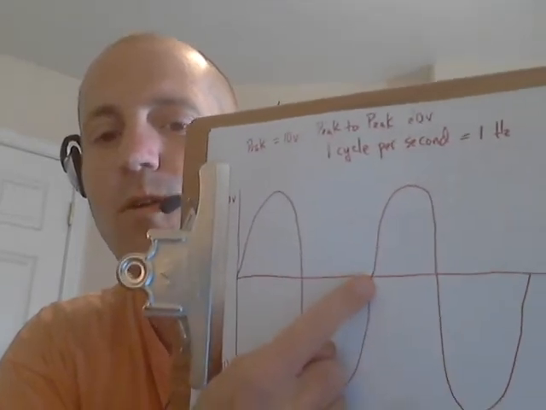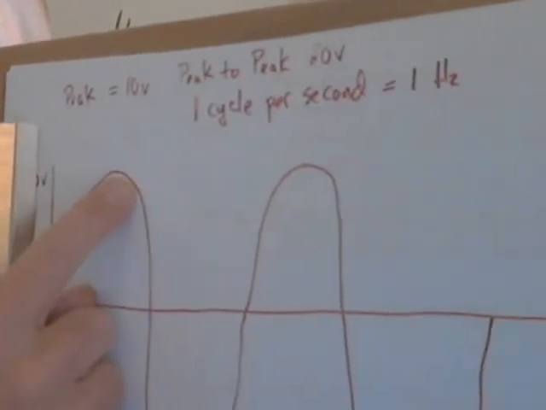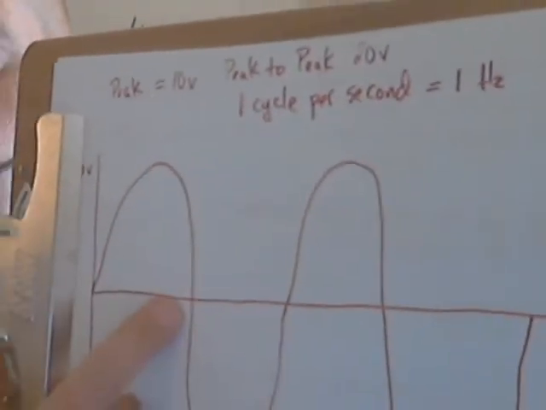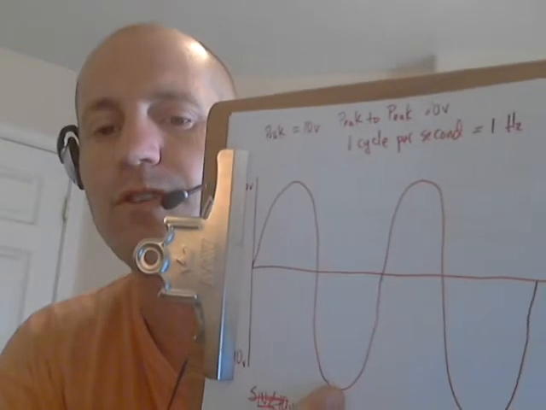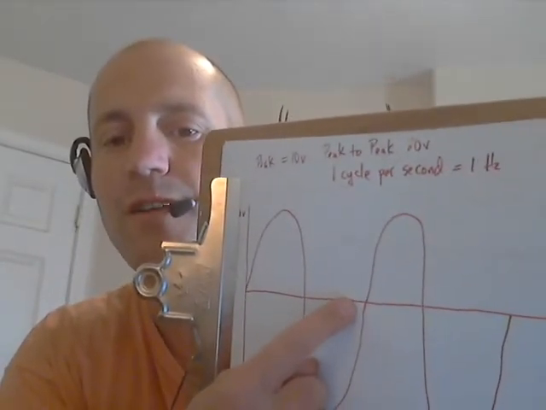Okay, this is called one cycle. Where it goes to the maximum positive, back to 0, to the maximum negative voltage value, and back to 0. That is one cycle.